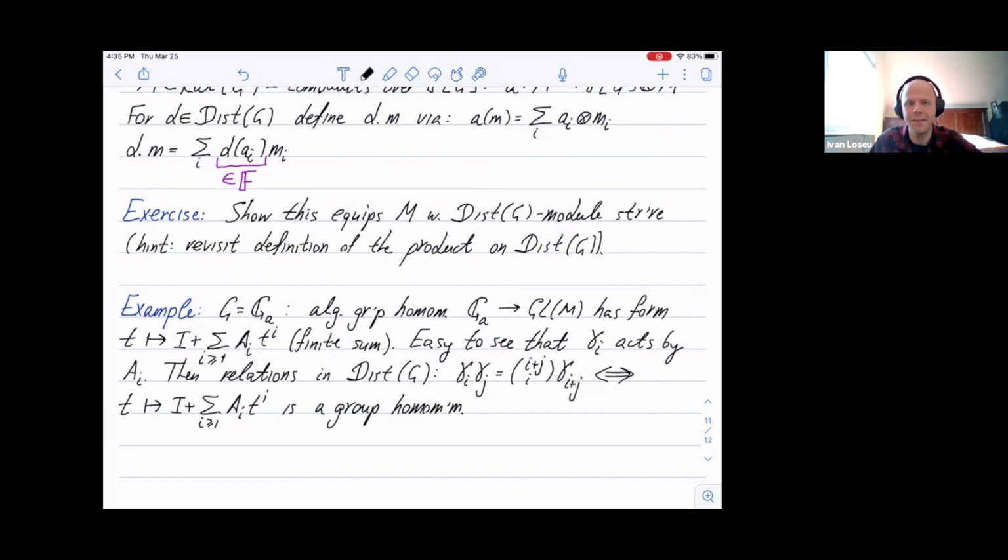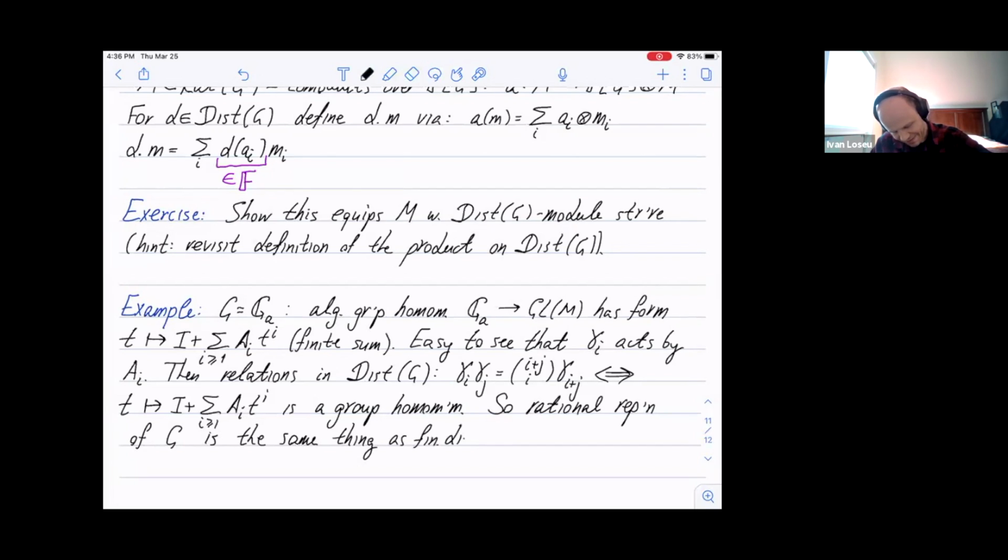Is this so? Is the same thing as, well, finite dimensional Dist G_a modules.